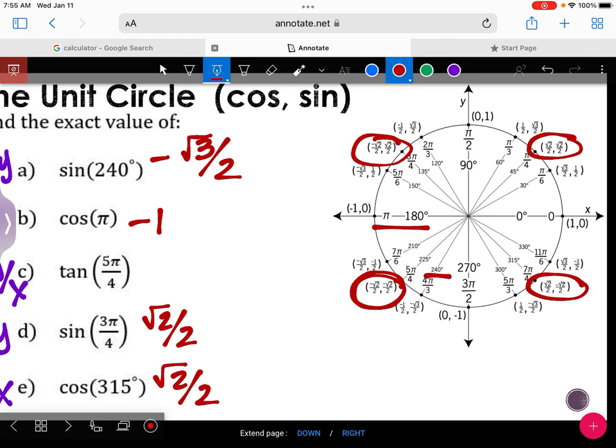So what do you think it's going to be for this one here? 5 pi over 4. So this one here, because I'm dividing two numbers that are both negative, is it a positive 1 or is it a -1? Positive 1.